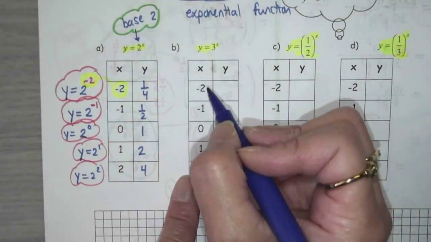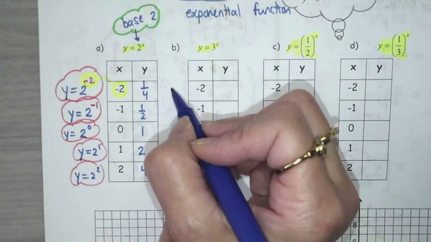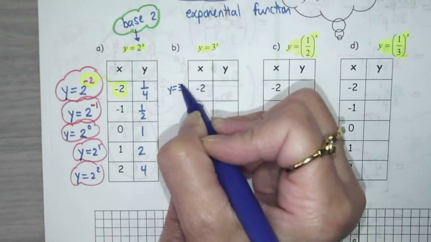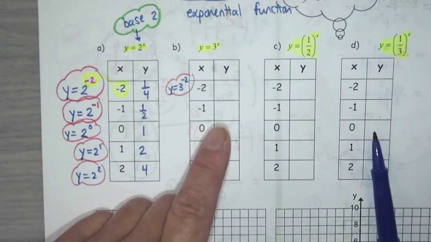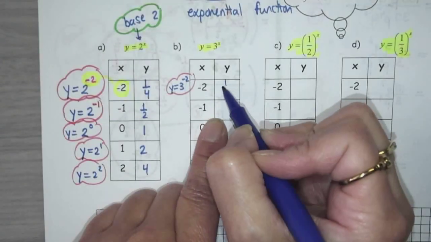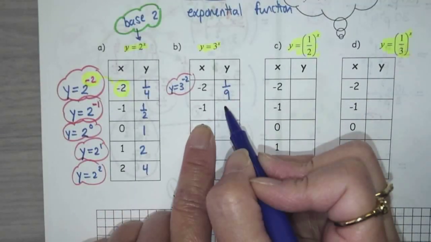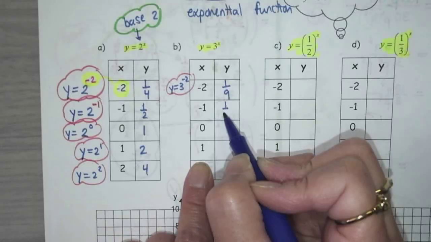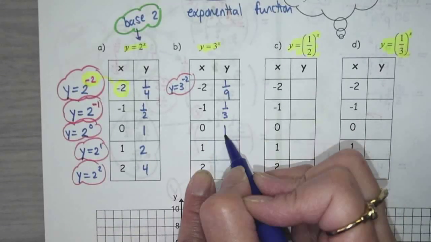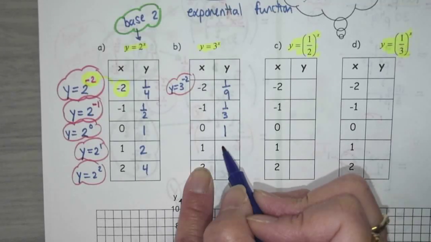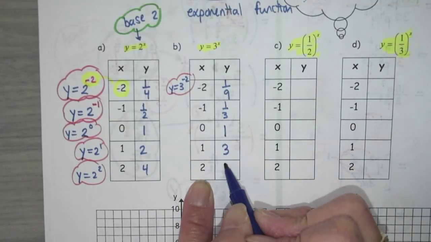So this would be y equals 3 to the negative 2, and then again, you don't have to show that. That's your brain thinking that. So what would I get? 1 over 9. Are you seeing a pattern? This would be 1 over 3. Anything to the 0 is 1. 3 to the 1, 3, and 3 squared, 9.